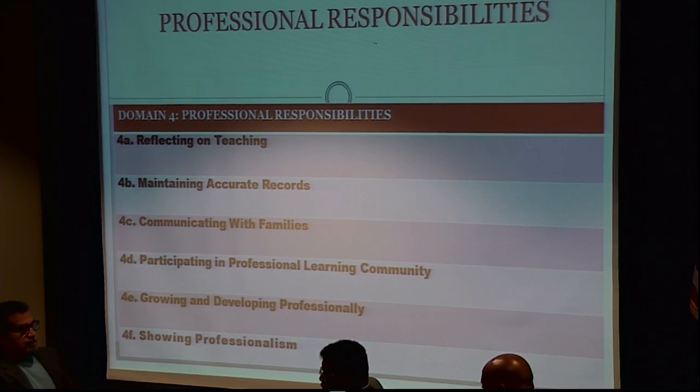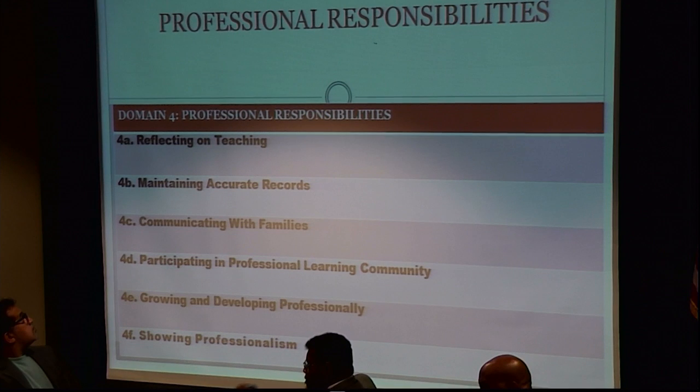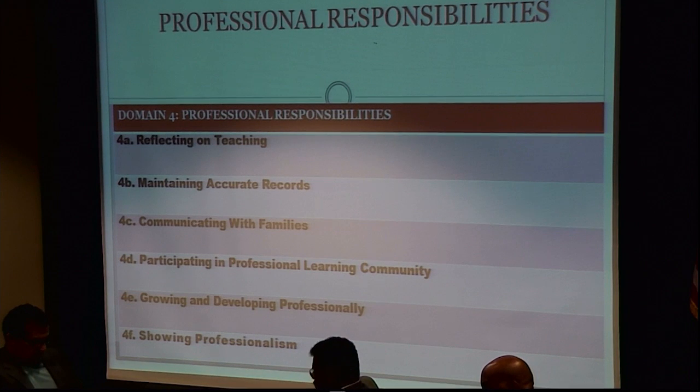I'm just curious, the reflecting on teaching, I understand what it means, but I'm curious how we gauge it. Throughout the year, are there areas that the teacher has looked at and said, okay, I need to improve this? Are they taking ownership of their teaching? Are they taking ownership of the students' learning?